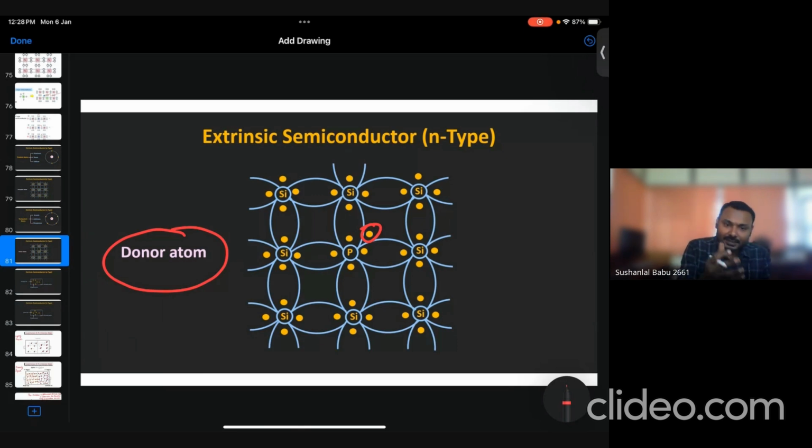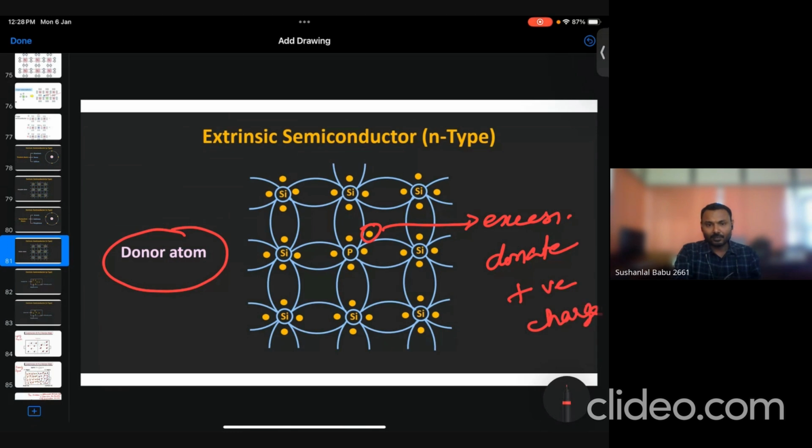It is having one extra electron because it has already satisfied the sharing, and with the help of that sharing, the valence shell is having 8 electrons. This is actually excess. So it is ready to donate. So if it donates, it will get a positive charge. Okay, so that is the thing you have to keep in mind.